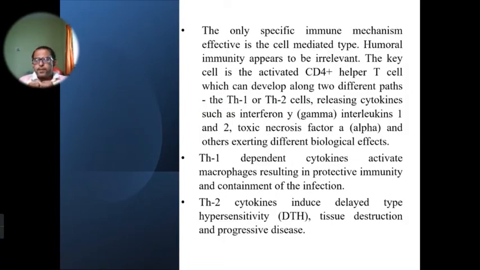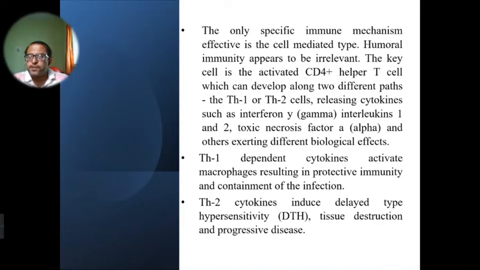Now, our immune system functions to contain this infection or kill the pulmonary tuberculosis causing pathogens, Mycobacterium bovis and Mycobacterium tuberculosis, with the help of a specific immune mechanism. The immune mechanism which is effective against this bacterium is a cell-mediated type of immune response.